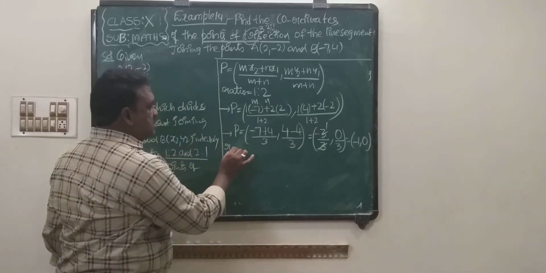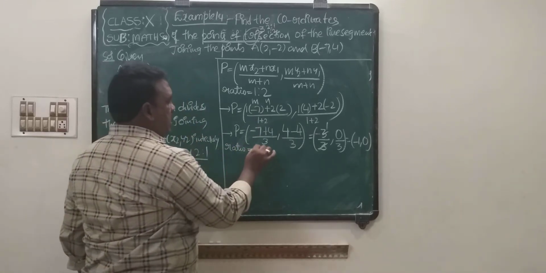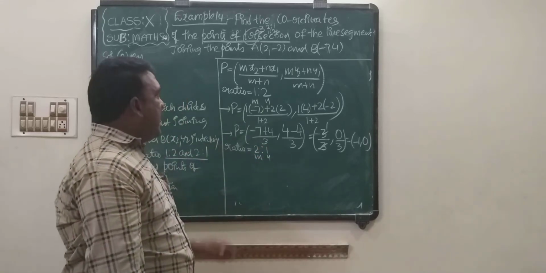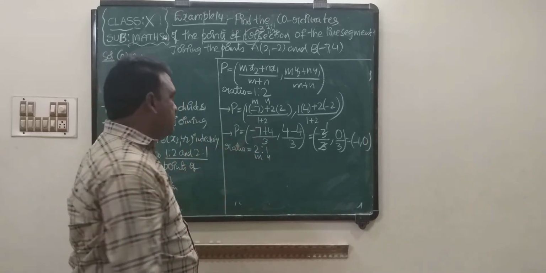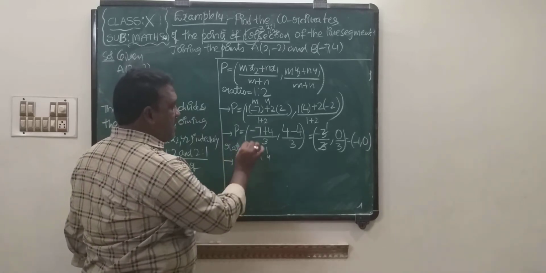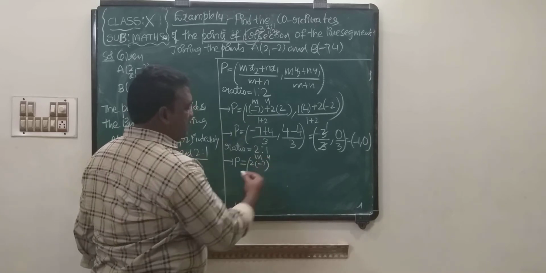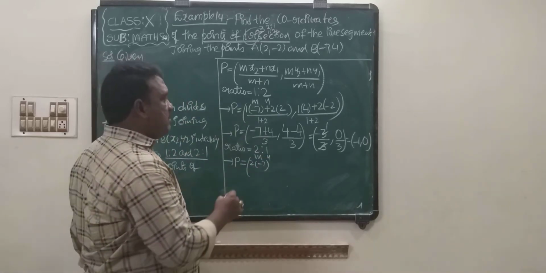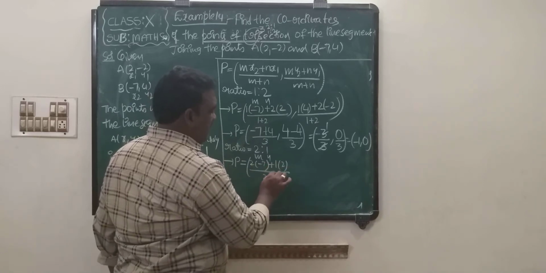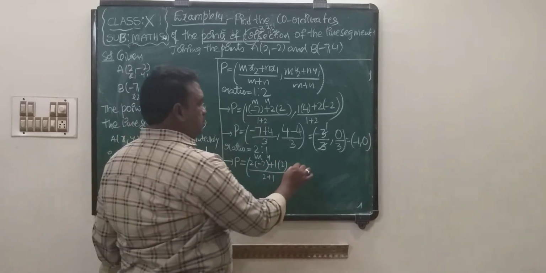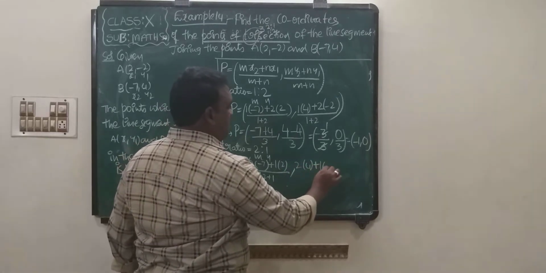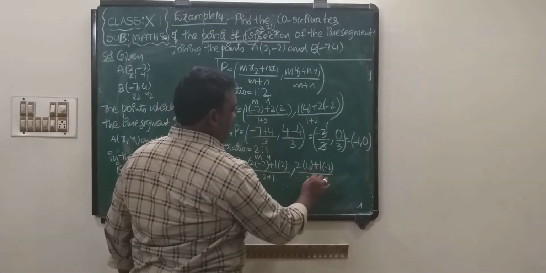Now do it with 2 is to 1. The ratio becomes 2 is to 1 now. Again substitute: (2 into -7 plus 1 into 2) by (2 plus 1), (2 into 4 plus 1 into -2) by (2 plus 1).